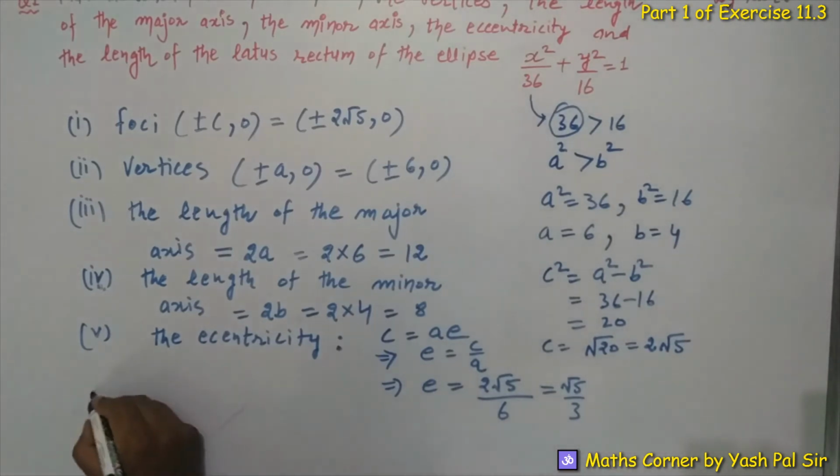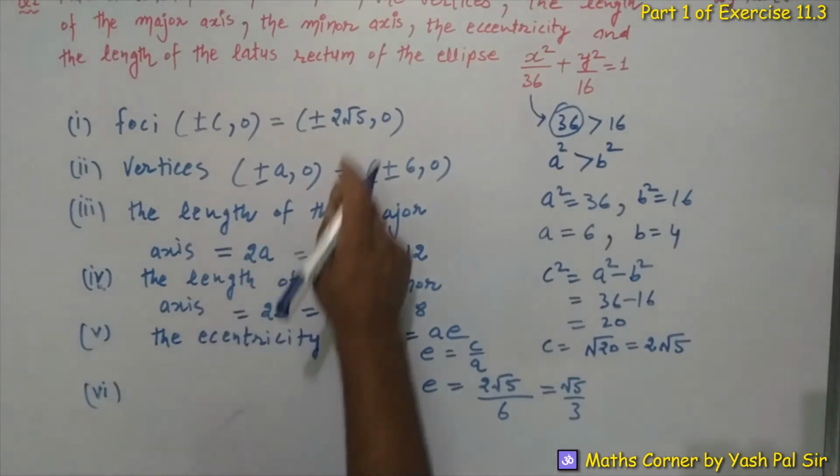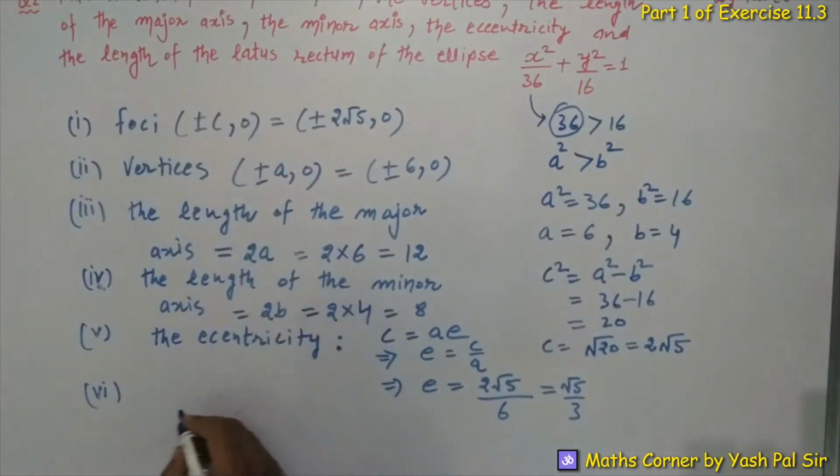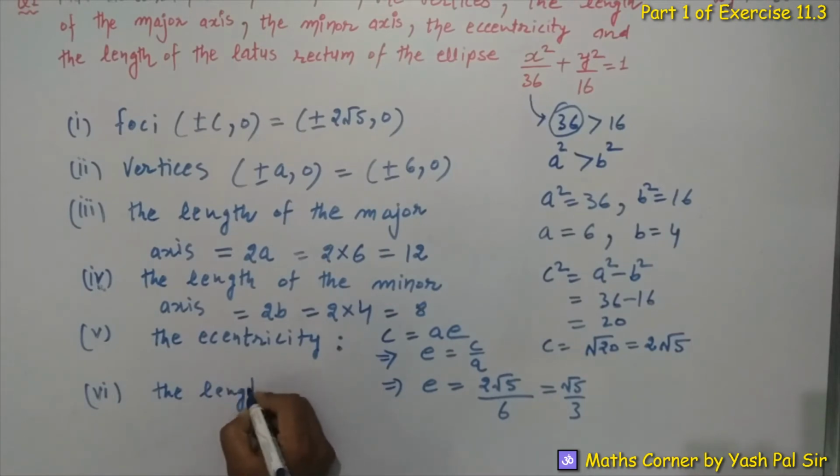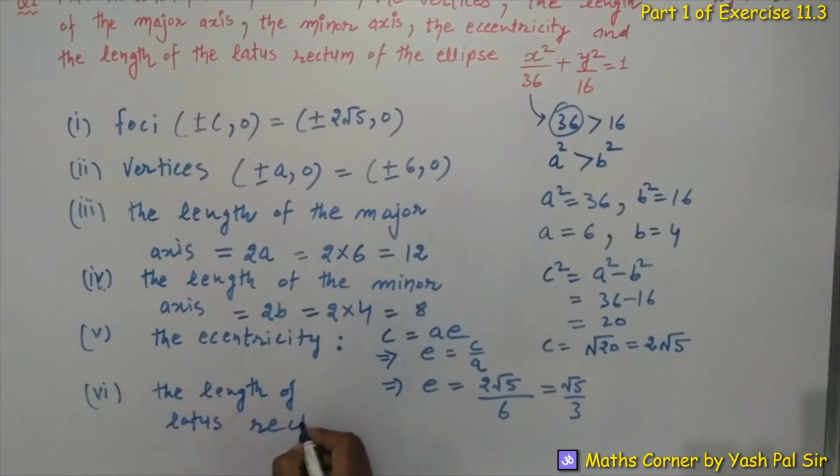Our next part is the length of latus rectum. The length of latus rectum is equal to 2b square upon a.